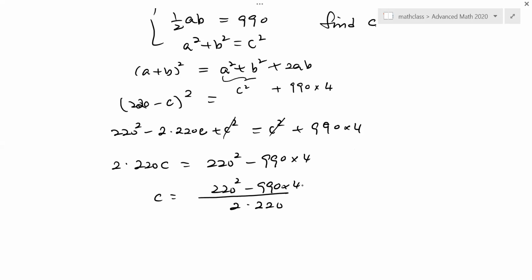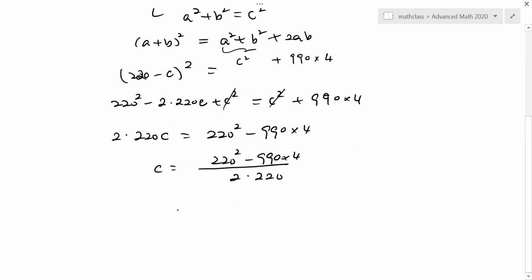I don't multiply this out because 990 and 220 are both multiples of 11, so it's better to write it as 2 squared times 110 squared minus 9 times 110 times 4.